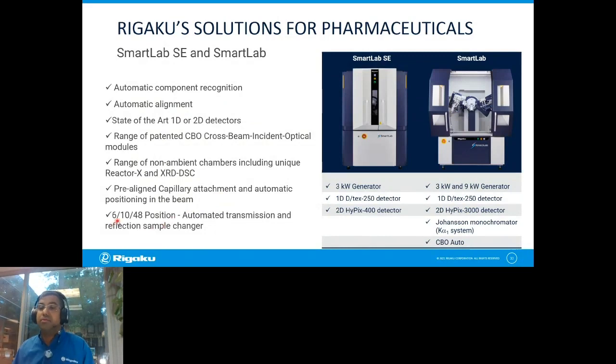They also come with 6, 10, or 48 position sample changers, and an automated transmission and reflection sample changer. We did talk about Johansson K-alpha-1 geometry for this, and there are also a number of detectors available for this.